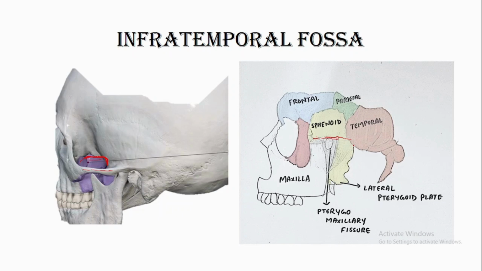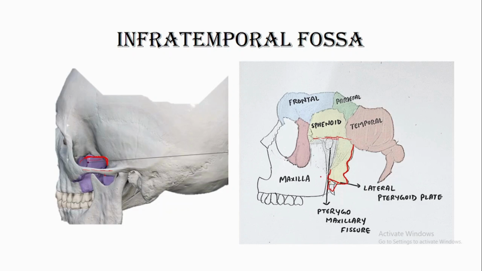The medial wall is formed by the lateral pterygoid plate and the pyramidal process of the palatine bone inferiorly. So the medial wall is formed by these two things. First is the lateral pterygoid plate, and second is the pyramidal process of the palatine bone.